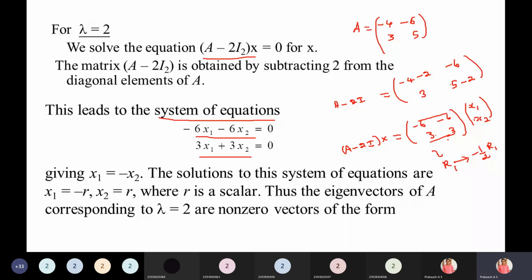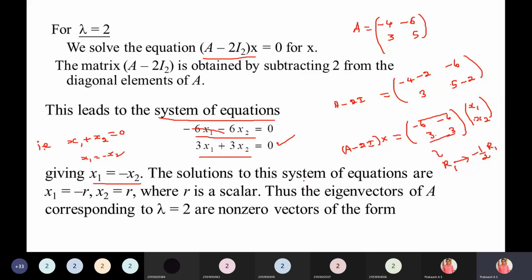So R1 and R2 will be the same. So this matrix equation is equivalent to only one equation. If you divide by 3, you will get x1 plus x2 equal to 0. So from that, x1 equal to minus x2.